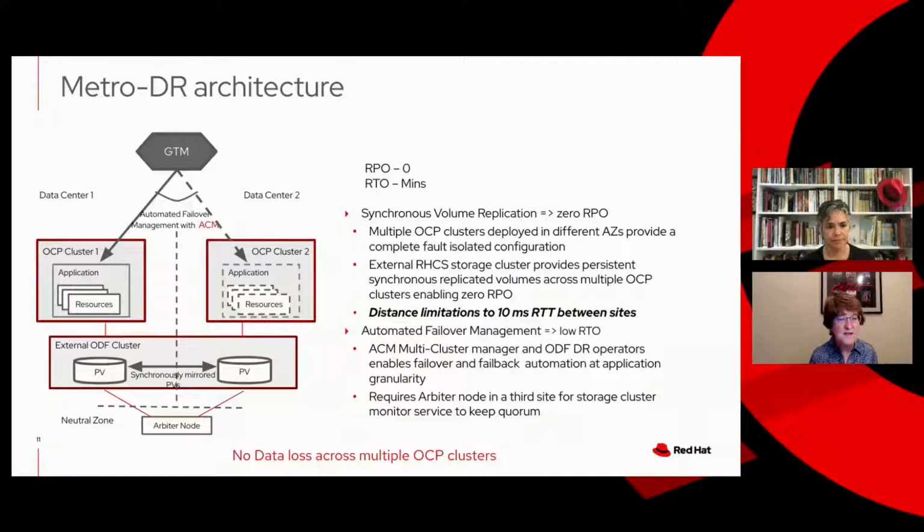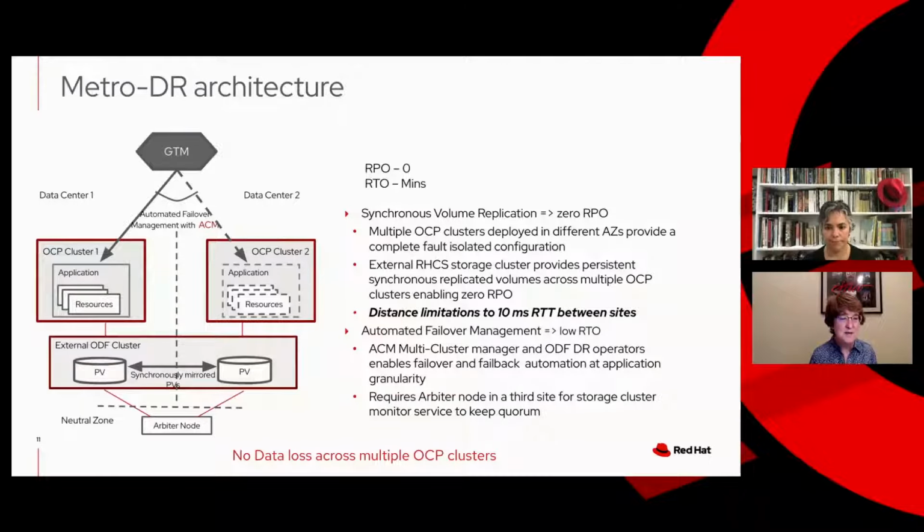So again, we have external ODF. We call that Red Hat Ceph Storage. It uses the external mode capability when you install OpenShift Data Foundation to connect to that external cluster. The Ceph cluster has to be configured in an architecture called stretch mode with Arbiter.